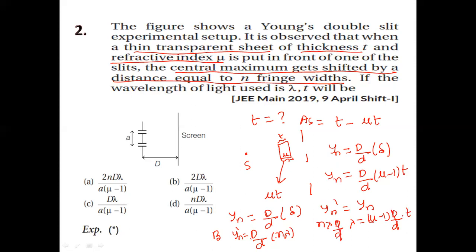Upon calculation, we'll get t is equal to n lambda by mu minus 1.